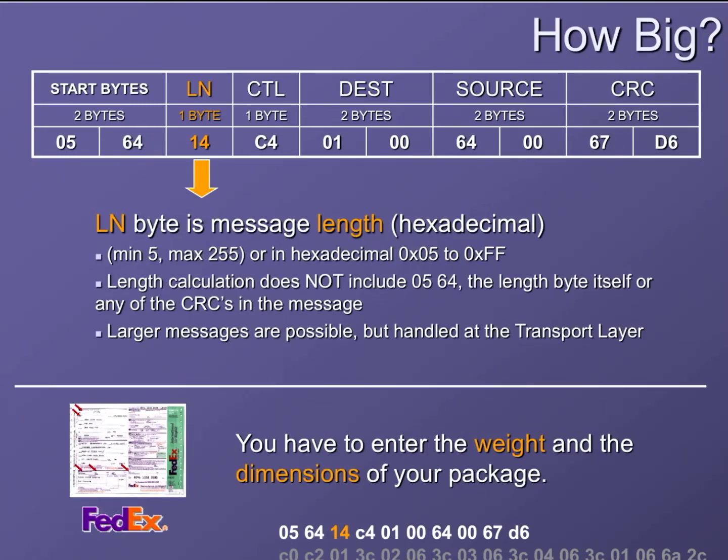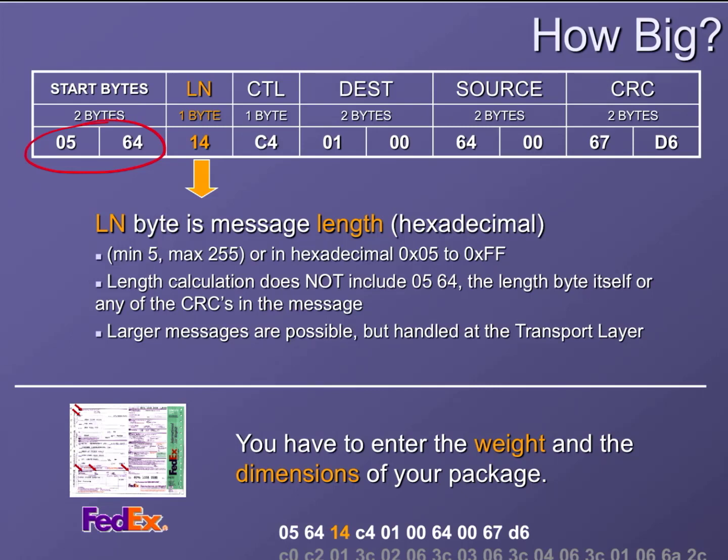Okay, then we move on to what's called the length byte. That would be the third byte of the data link header, and it's a 1 byte value, right? Now, because this isn't a code, we could simply say 0564 is a code. We don't need to convert that to decimal.